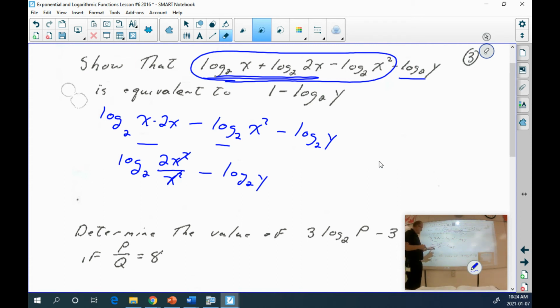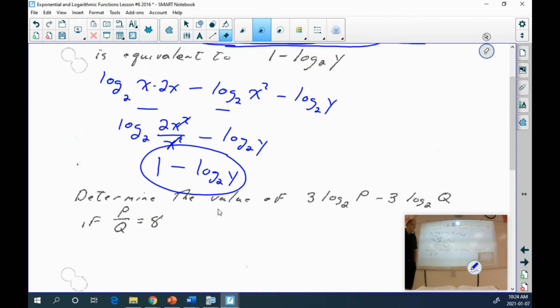That will leave me with log base 2 of 2. The power of 2 that gets you to 2. Oh, that's 1. 2 to the power of 1 gets you to 2. And we have evaluated that to where we want to show it's equivalent. That's not the only statement that we could do, but that is, in this case, what the question asks us for.